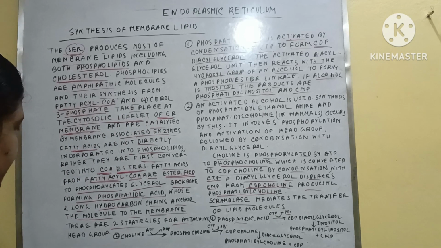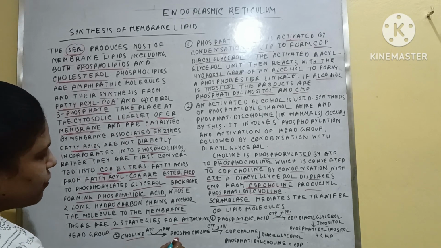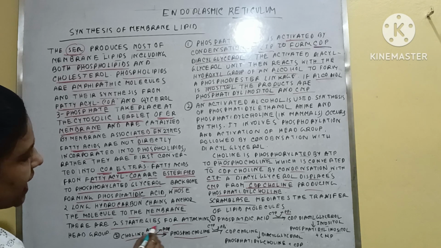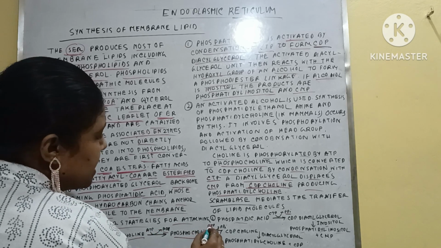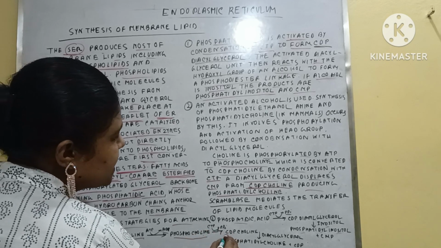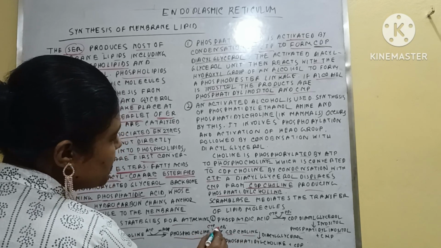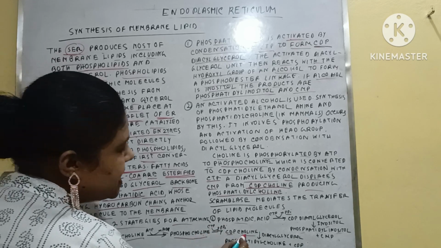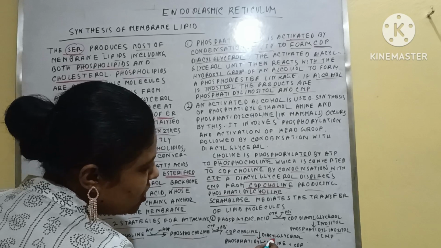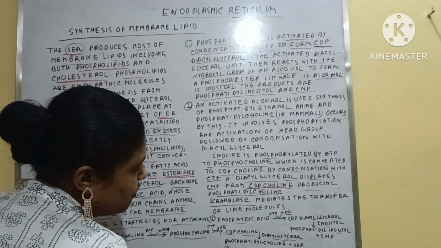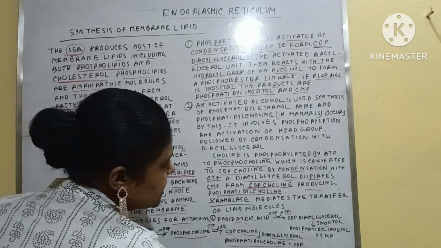So from choline the phosphocholine is formed, with ATP converted to ADP, and when phosphocholine is formed it is converted to CDP-choline in the presence of CTP, which converts into PPi, and this CDP-choline in the presence of diacylglycerol forms phosphatidylcholine and CMP.